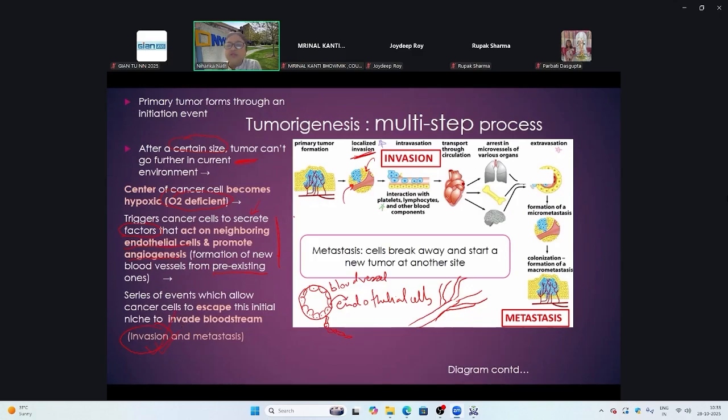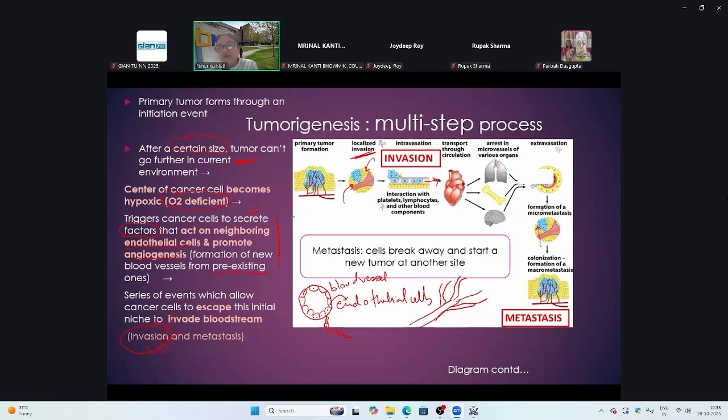And so once it does that, it goes into the blood vessel, then it goes everywhere through the big blood vessels, the small blood vessels. And once it has gone into the blood vessels, then again from there, it will decide to come out of the blood vessel and go into the new tissue.